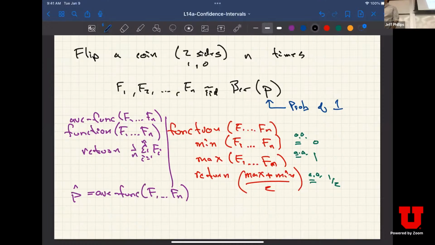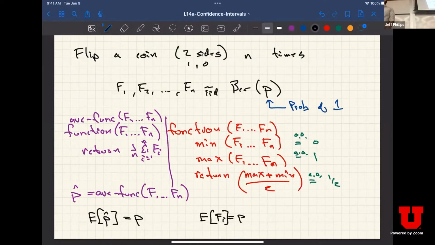Yeah, the expected value, p hat, is a random variable because it's a function of random variables, and the expected value is exactly p. P is the probability I get. So I know the expected value of each f_i is equal to p, okay?